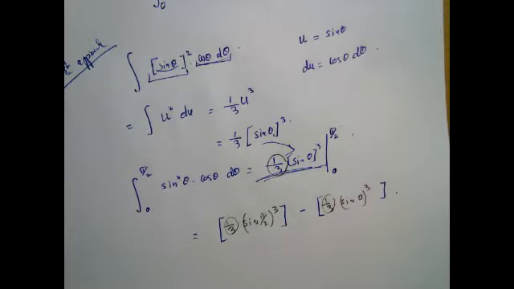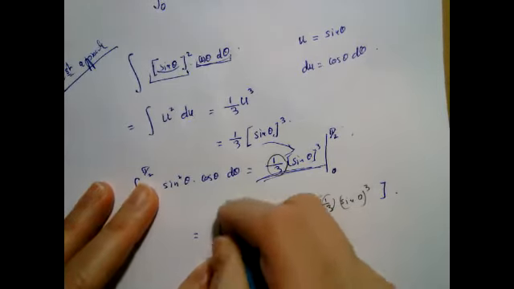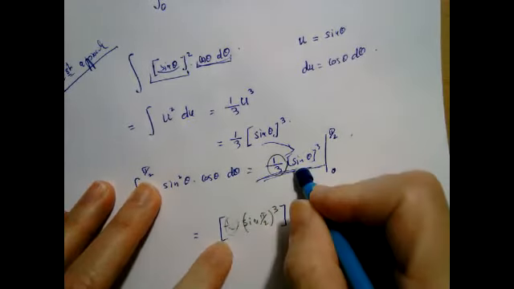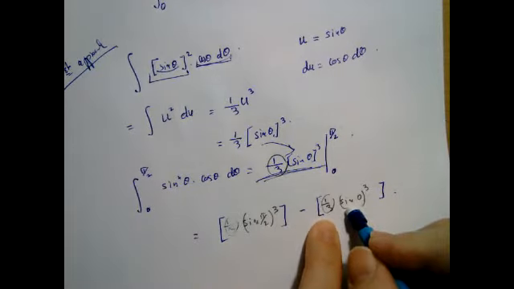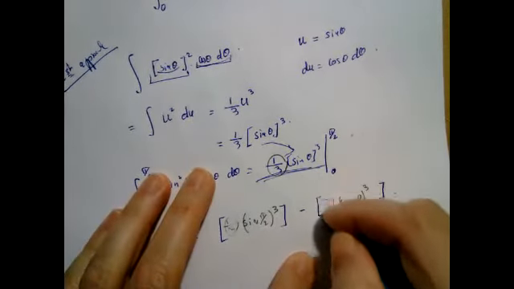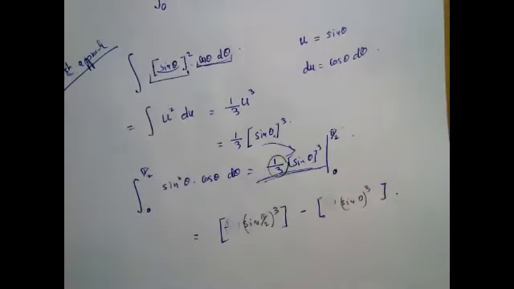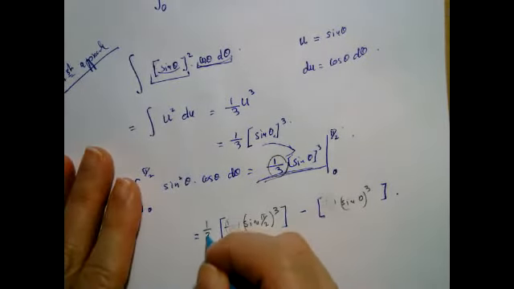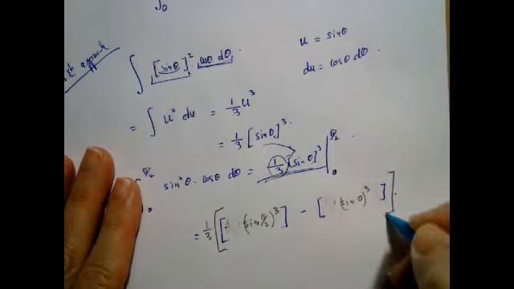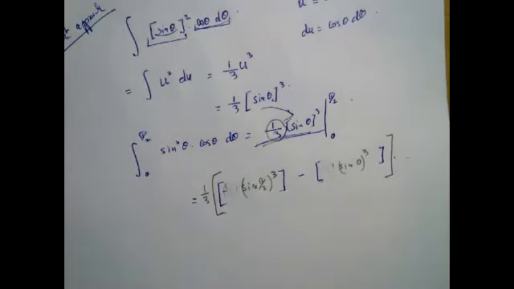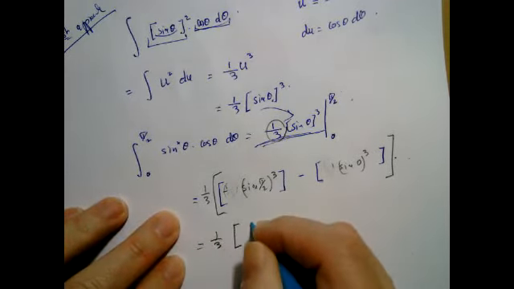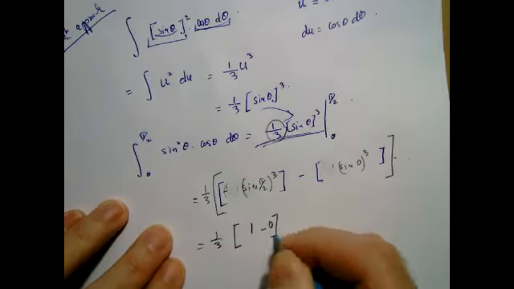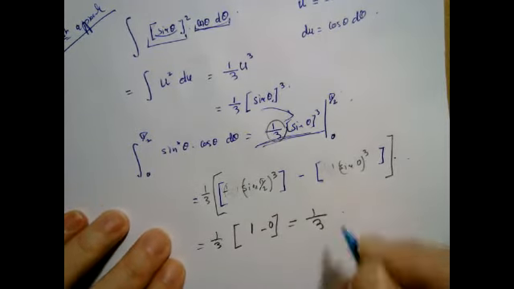And sometimes it makes the problem a little bit easier. Because I have a third when I'm computing the antiderivative at the upper, and I have the third when I compute the antiderivative at the lower, I can actually start by pulling the third out times the whole thing. You don't have to, it's just to make the math a bit simpler. So finally, I will get a third. This is a 1 minus 0, equal a third.